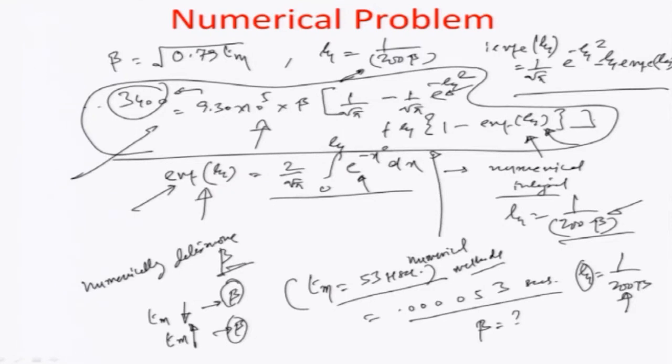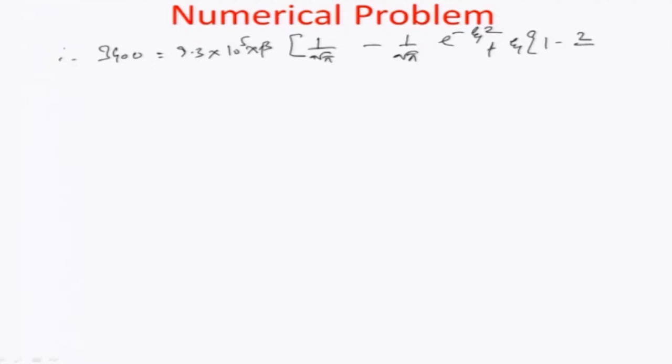In this particular case, using the table and the numerical integration value, the solution of this equation 3400 equals 9.3 10 to the power of 5 times beta times 1 by root of pi minus 1 by root of pi e to the power of minus zeta square plus zeta times of 1 minus twice by root of pi integral 0 to zeta e to the power of minus zeta square d zeta.